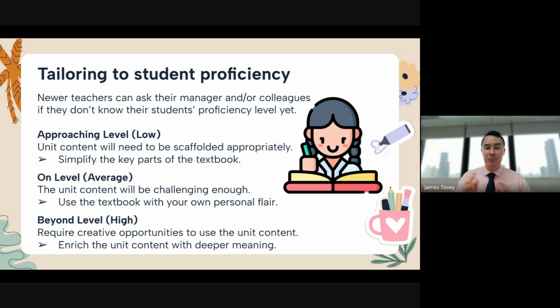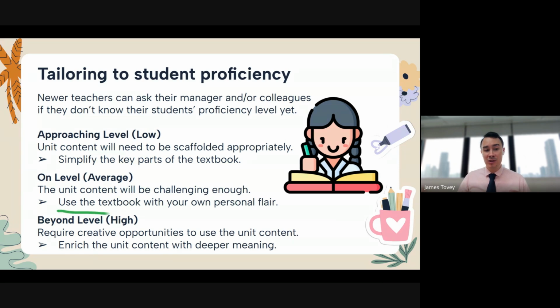There may be some adjustments you need to do because the content may be more directed towards westernized young students or native English speakers, whereas you might need to make some adjustments to fit our Thai students. But in the general context, the on-level students should find the unit content or the textbook content on about the right level, for their education to be challenged at that certain level.